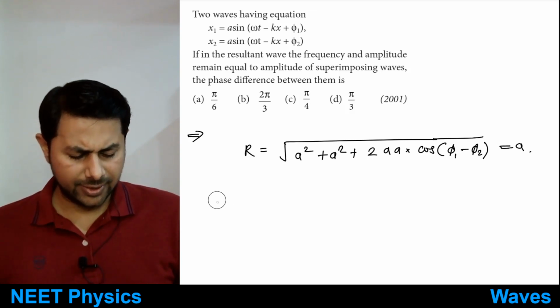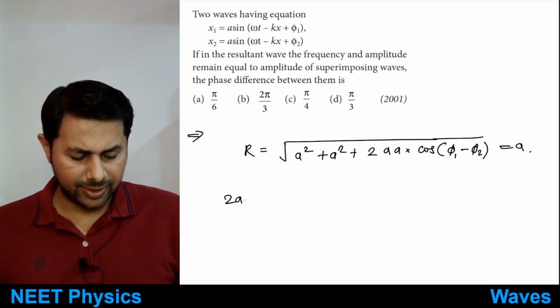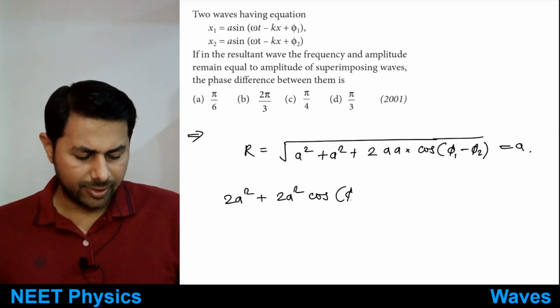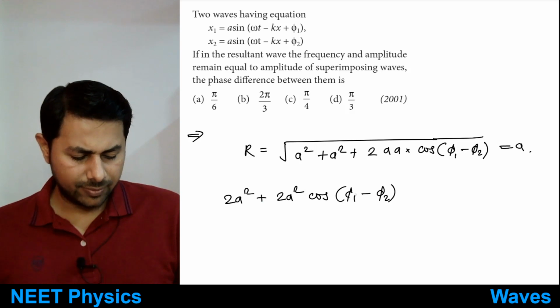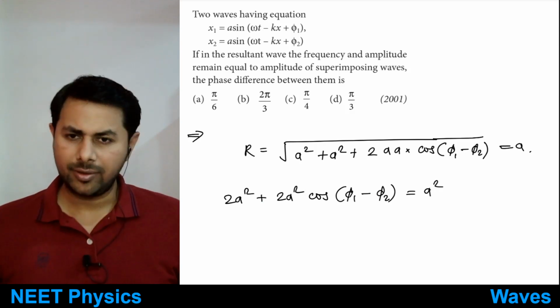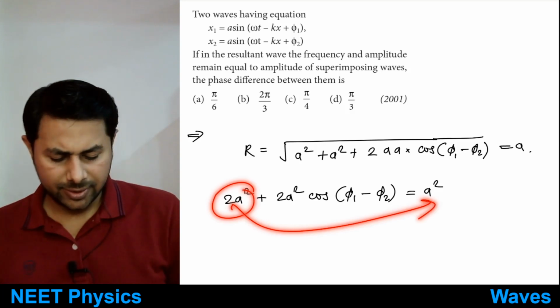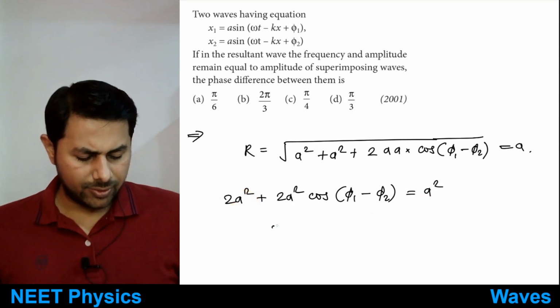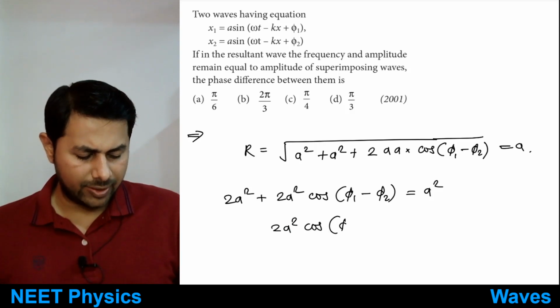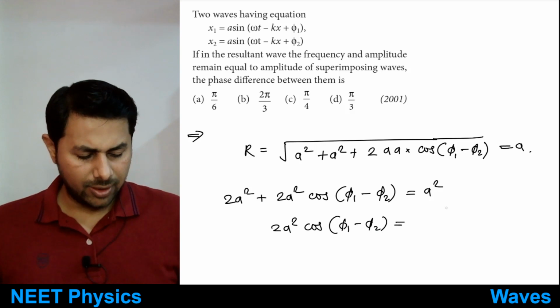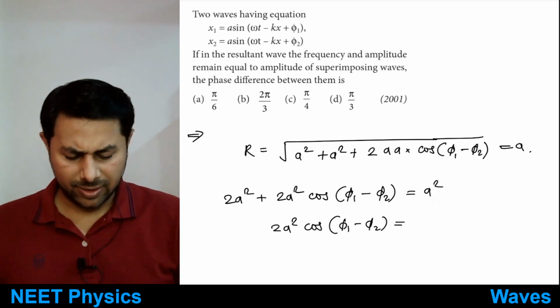So we get A square plus A square, that means 2 times A square, plus 2 times A square cos of phi 1 minus phi 2 is equal to A square, and then you can move this 2A square to that side. So what do we get? 2A square cos of phi 1 minus phi 2 is equal to A square minus 2A square, which is minus A square.